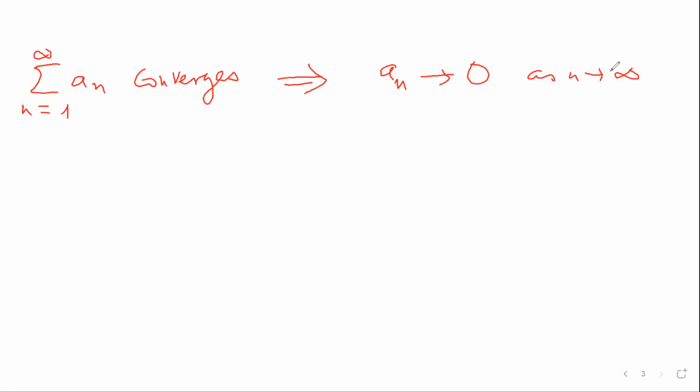And all you need is, if you know that it converges, then that is equivalent to the partial sum converging to the value of the series. So L is exactly this sum as n goes to infinity. So can you deduce from this, how to deduce?